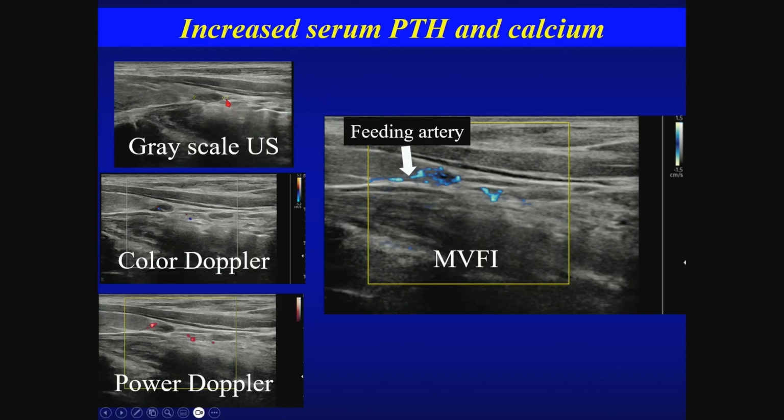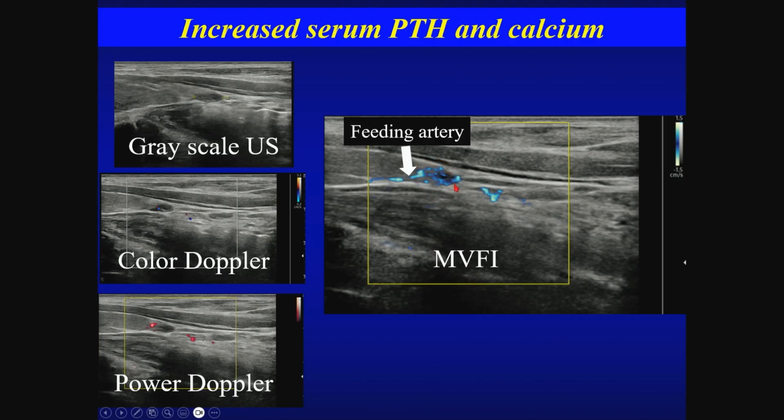Grayscale ultrasound found a small hypoechoic region inferior to the right thyroid gland. However, color and power Doppler imaging shows no vascularity inside the tumor. How about microvascular flow imaging?